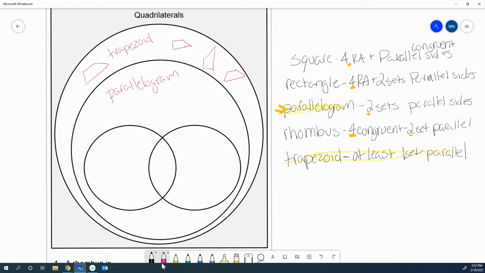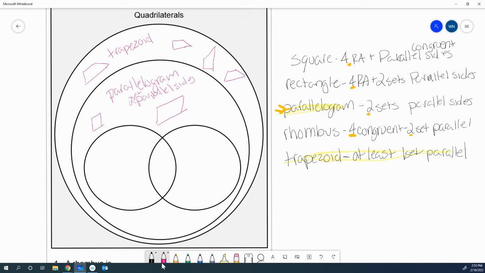And make sure you have 2 sets parallel sides. And draw some examples of a parallelogram. You could say these 2 sides are parallel and these 2 sides are parallel. There's a parallelogram. I could do one shorter and say these 2 sides are parallel, these 2 sides are parallel. It's a parallelogram. Looks good, looks good.